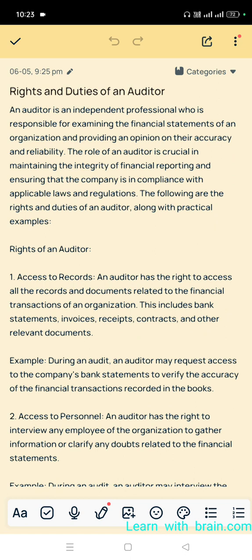So you have to check that the company's financial statements follow applicable laws and regulations. We will discuss in detail. The following are the rights and duties of an auditor along with practical examples, for better understanding.